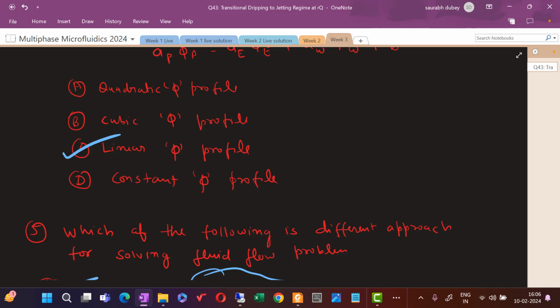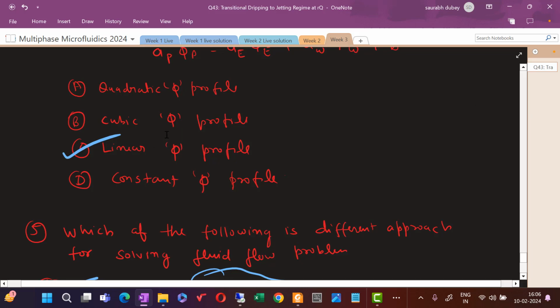For two-phase flow, you know that you have to solve the continuity equation and the Navier-Stokes equation for the different flow phases.